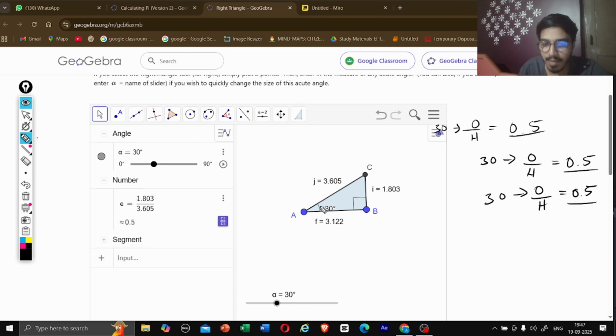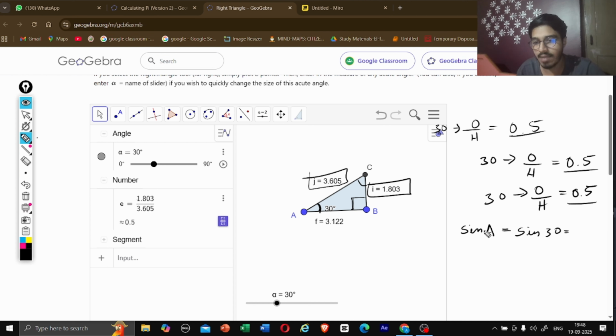What I am doing is keeping these angles constant: 90, 30 and 60. The side values are changing, but the angles are constant. So this angle is constant, right? So I'll consider sine theta, or we will take sine A, that is sine 30. I am considering opposite by hypotenuse.